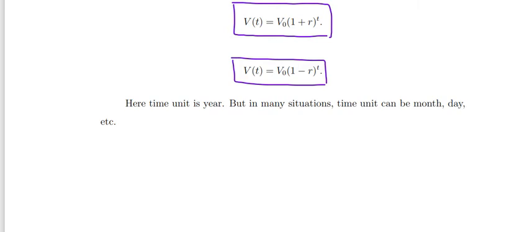So usually we use year as the unit, t years. Like my salary, after the year we calculate whether my salary increases or decreases. Usually it increases on a yearly basis, right?